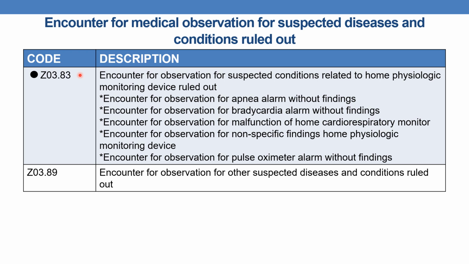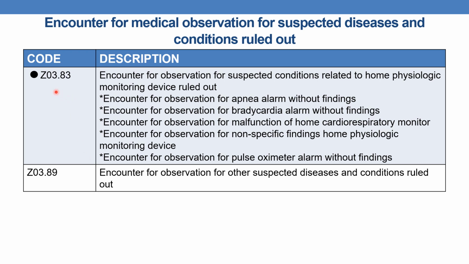Encounter for observation for suspected conditions related to home physiological monitoring device ruled out, or encounter for observation for apnea alarm without finding, or encounter for observation for bradycardia alarm without finding, or encounter for observation for malfunction of home cardiorespiratory monitor, or encounter for observation for non-specific finding home physiological monitoring device, or encounter for observation for pulse oximeter alarm without finding.